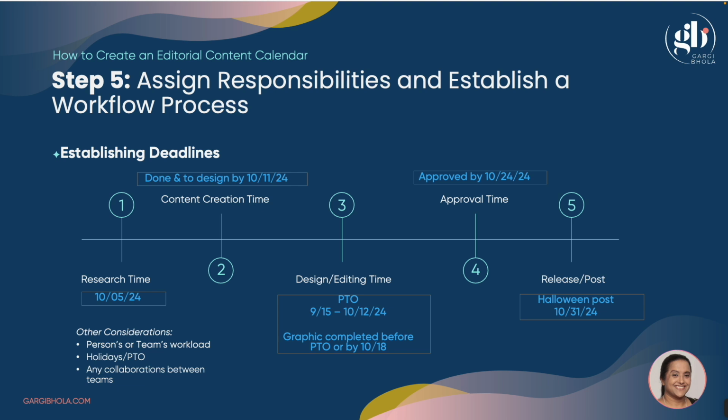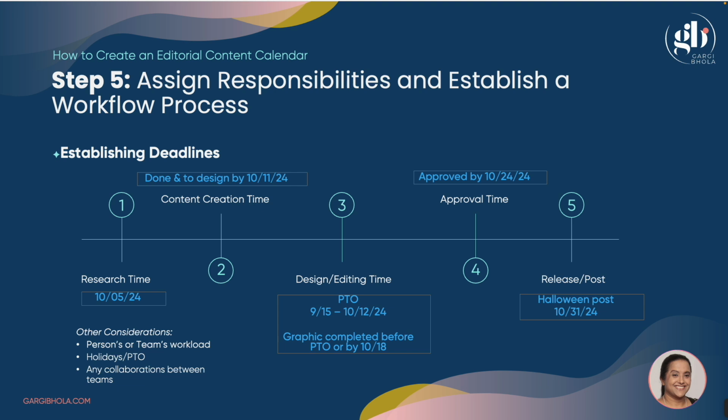So if I'm going to have a Halloween post on the 31st, someone has to really start it on October 5th so they can be completed by the 11th, give it to the designer, because the designer has PTO but will be back in the office on the 12th of October. And then the designer needs to get everything to the final person who's going to approve it so that it can be produced, released and scheduled by October 31st. That's kind of how the entire process works.